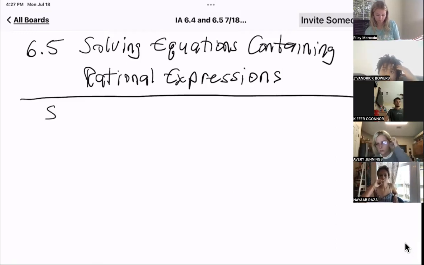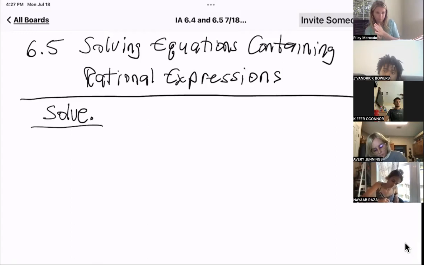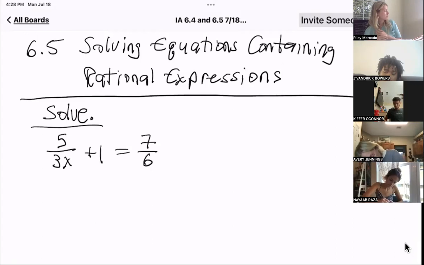Something like this. It always means solve for x, right? It's always solve. 5/3x plus 1 equals 7/6. So rational means fractions. So how do I solve an equation that has fractions with x in the denominator? That's what it's saying.